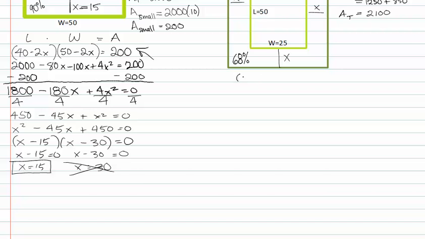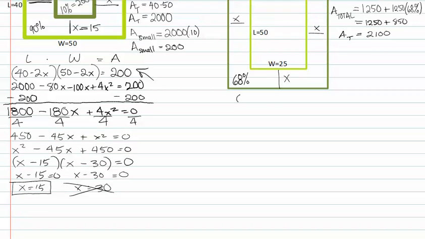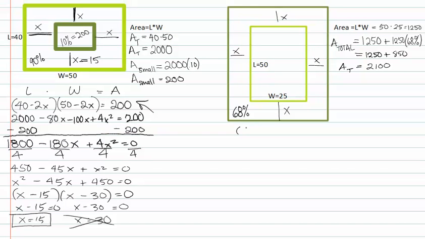The increase in length was 50 plus 2x. Notice that we're increasing instead of decreasing now. And the width was 25 plus 2x. This is equal to the new total area of 2,100 square feet.